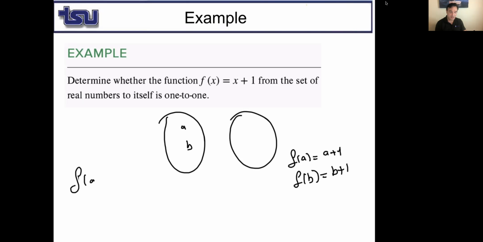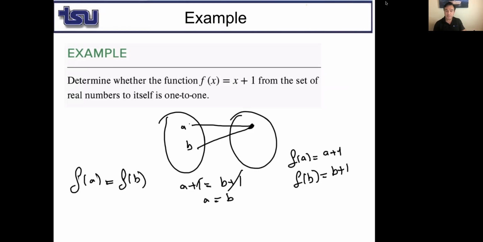Assume that f of A is equal to f of B. Okay, assume that they are mapped to the same thing. Then A plus 1 is equal to B plus 1. That means A is equal to B. So the only possibility is that A and B, mapped to the same element in the codomain, must be equal to each other. So that's one-to-one.